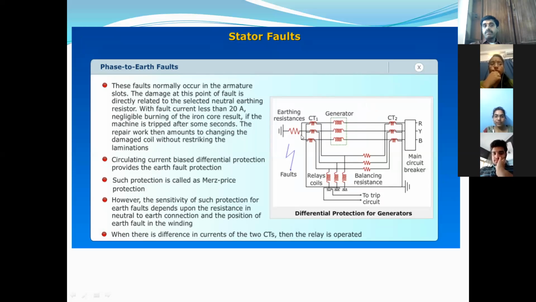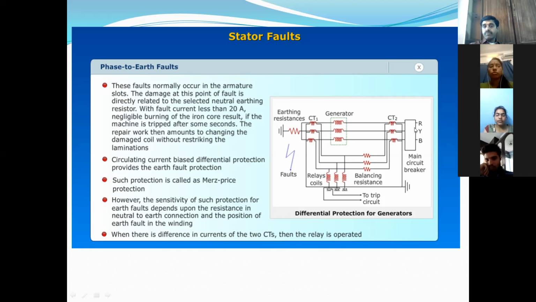That means here we are discussing the phase to earth faults, the LG faults. So this neutral to ground connection is very important, it plays a very important role. It may be a resistance, it may be an impedance, it may be a solid grounding system. So depending upon the neutral to ground connection, the fault level will be different.